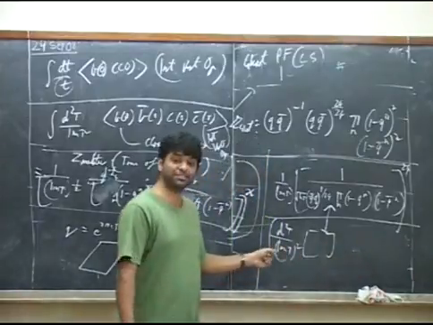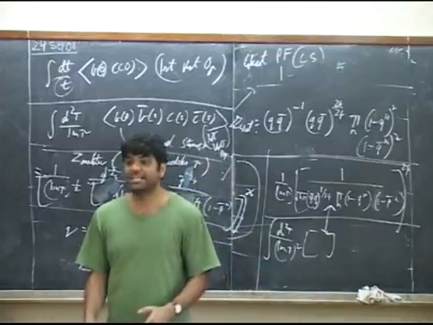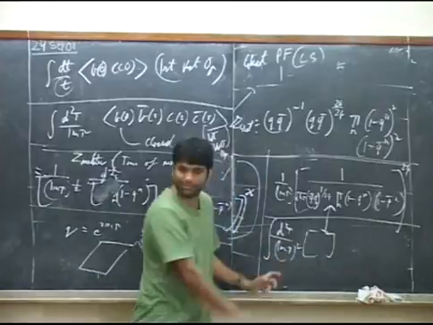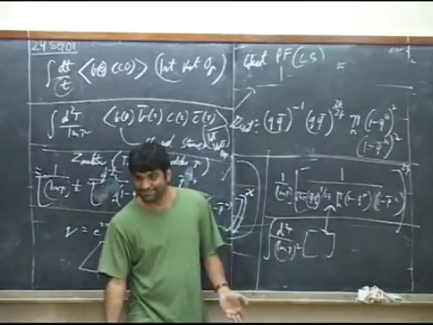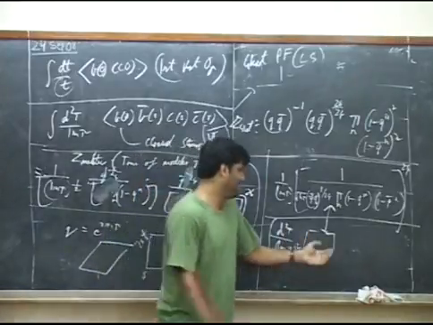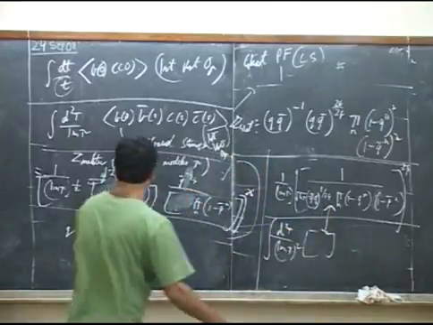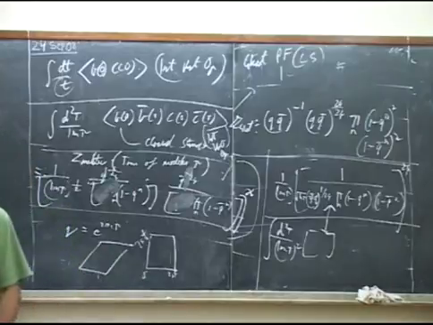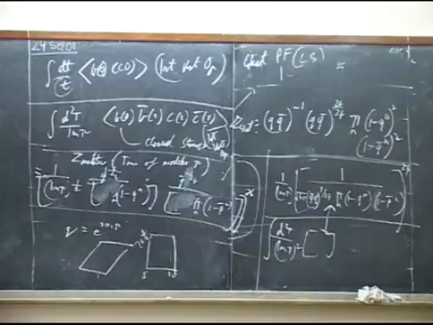And we were very happy with this expression, if you remember, because we wanted this expression to be modular invariant. And we checked that d2 tau over Im tau squared was a modular invariant measure. And, of course, this is modular invariant. Whether it's power 26 or 24, it's the same thing that we have there, but to power 24.